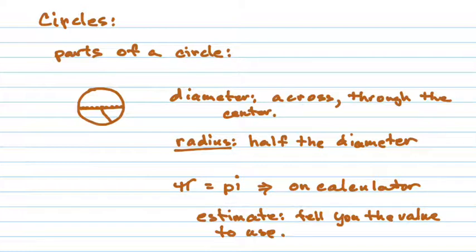If you use the wrong value when you're told to use a specific value, your answer is wrong. Sometimes you'll just be asked for an estimation, so you just use 3. That's perfectly fine. If you're estimating, do you want a bunch of decimals? No. The most common estimation for pi is 3.14.